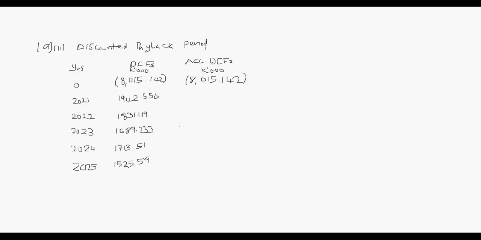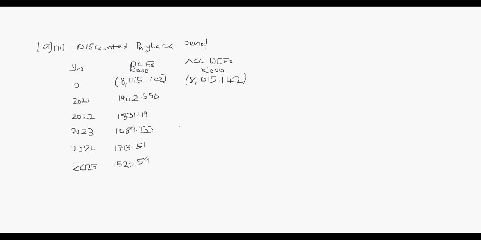So we start with the one which is on top, the negative figure, which is 8015.142. Remember that's a negative figure, so we're adding a positive.